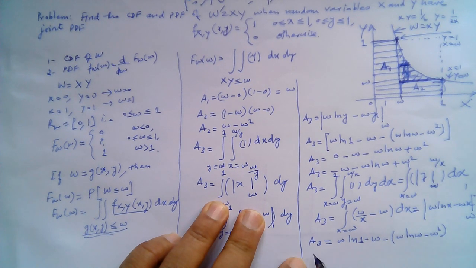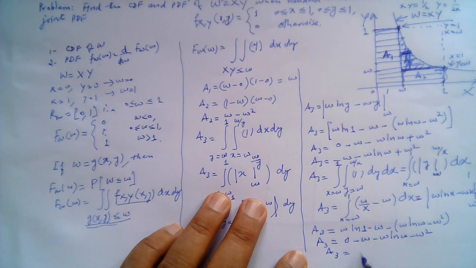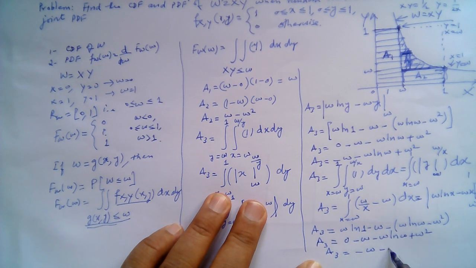Natural log of 1 is 0, so this is 0 minus w natural log of w minus w squared. So A3 comes out to be minus w natural log of w plus w squared. So it is the same result that we have obtained here, right?